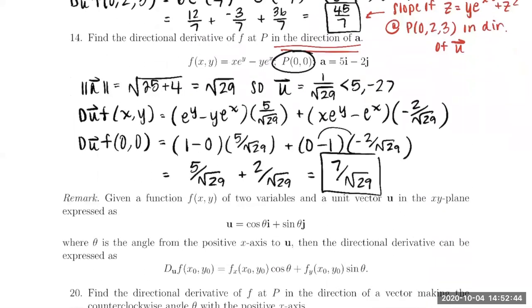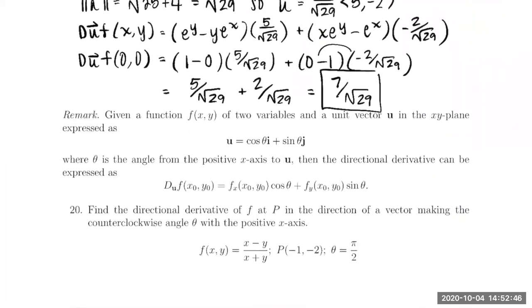All right, so our next remark is just recalling that back when we introduced vectors in chapter 11, we said if we were working in 2 dimensions, that is for vectors in the xy plane, that we could express those vectors in terms of sines and cosines. Specifically, if we're working with a unit vector, then our weights in front of sine and cosine are both 1.